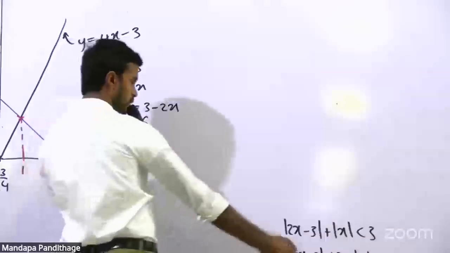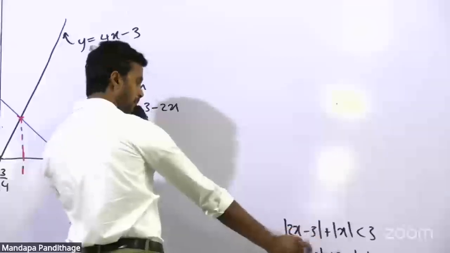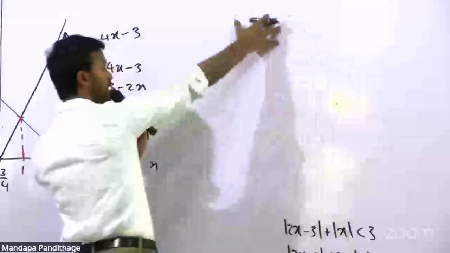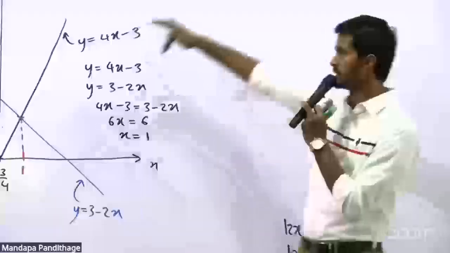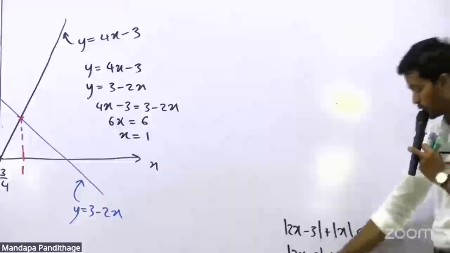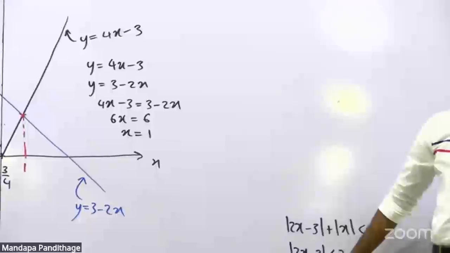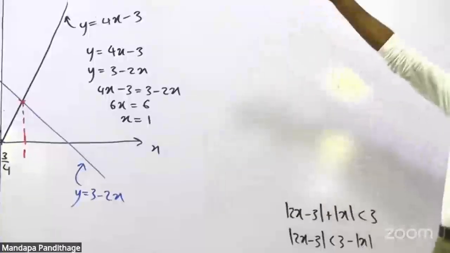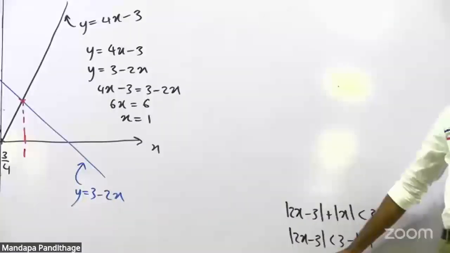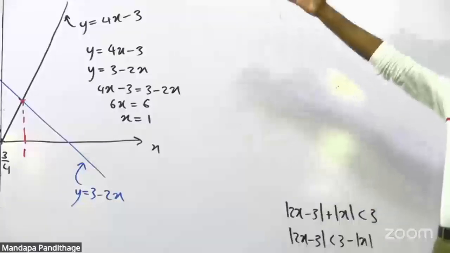And what we have to do, looking at this, is write the inequality in terms of the functions that you have sketched. So tell me, do we know 2x minus 3 modulus? No. What is the modulus function that we have sketched? 4x minus 3.